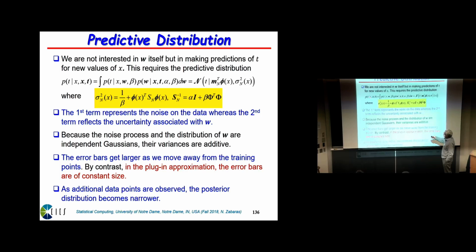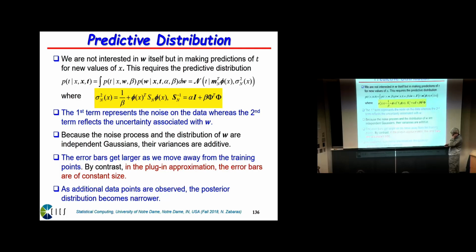Then you ask, at any given point x, what is the probability of the response? It comes out to be a Gaussian. This is the mean and this is the variance. Interestingly, the variance changes with the location.